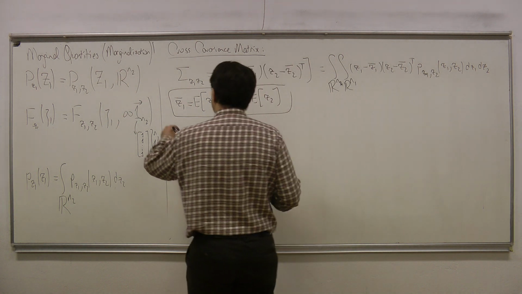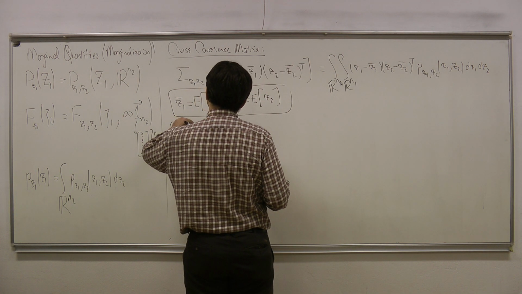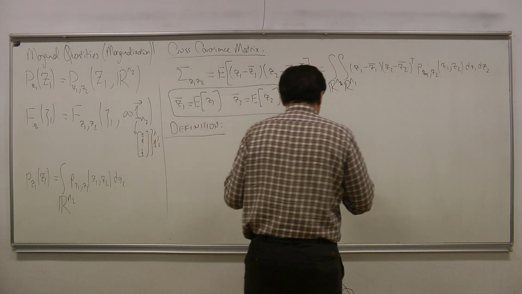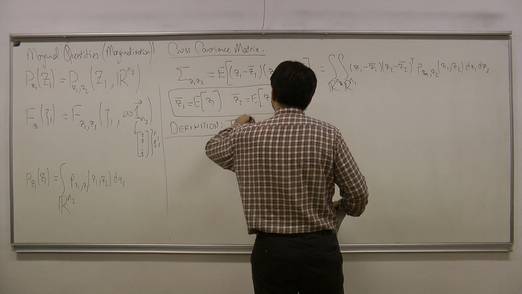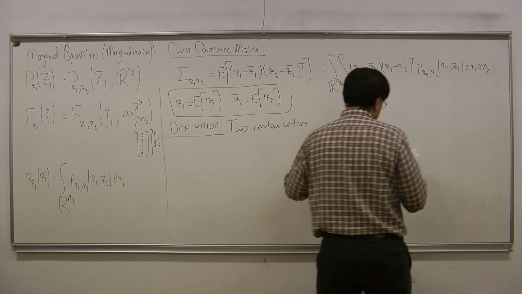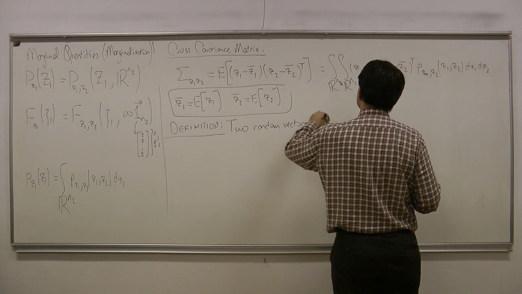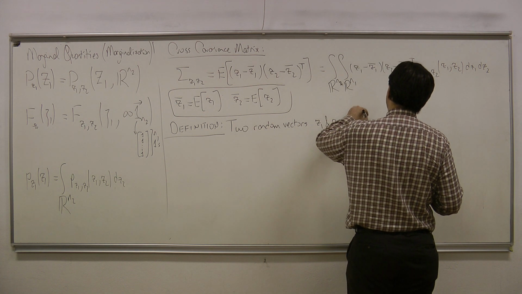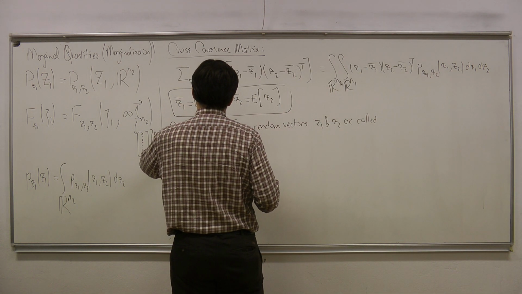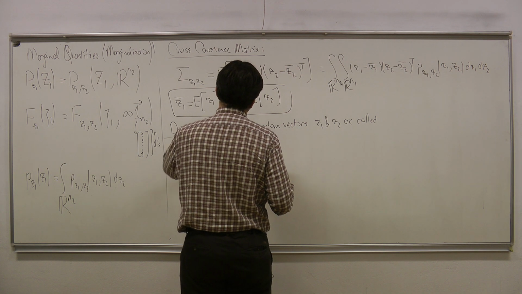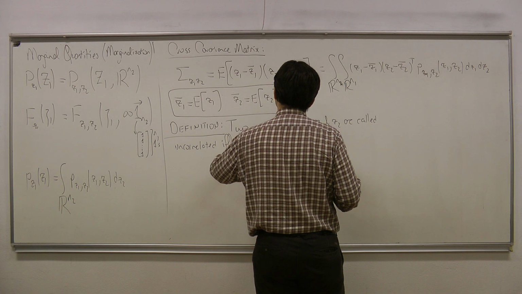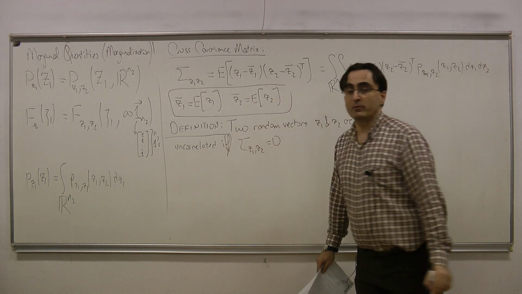uncorrelatedness. So let us write the definition. Two random vectors Z1 and Z2 are called uncorrelated if and only if, so this is the definition, sigma Z1 Z2 is equal to the zero matrix.